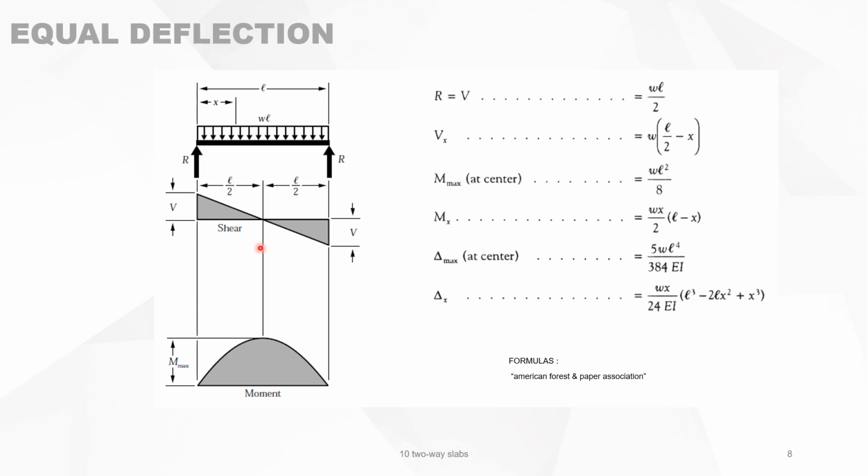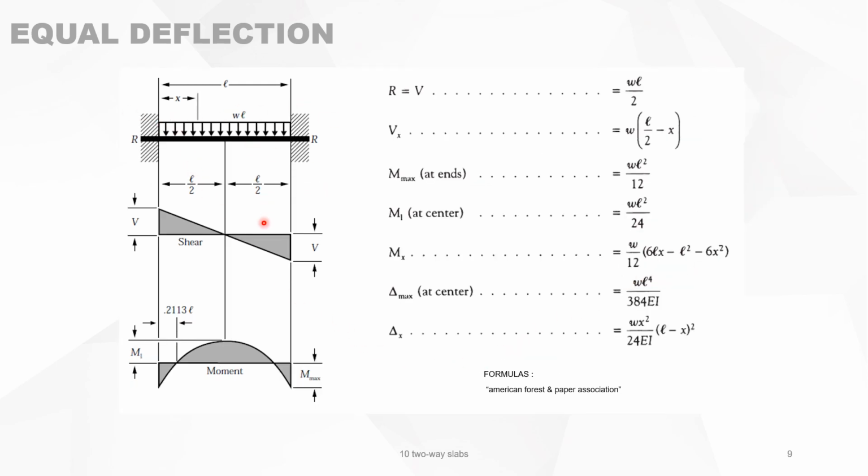And then you have your system and the different bending moments, shear force, and so on. We are here interested in the deflection in the midspan of the slab. So this is this formula 5 divided by 384 and so on.